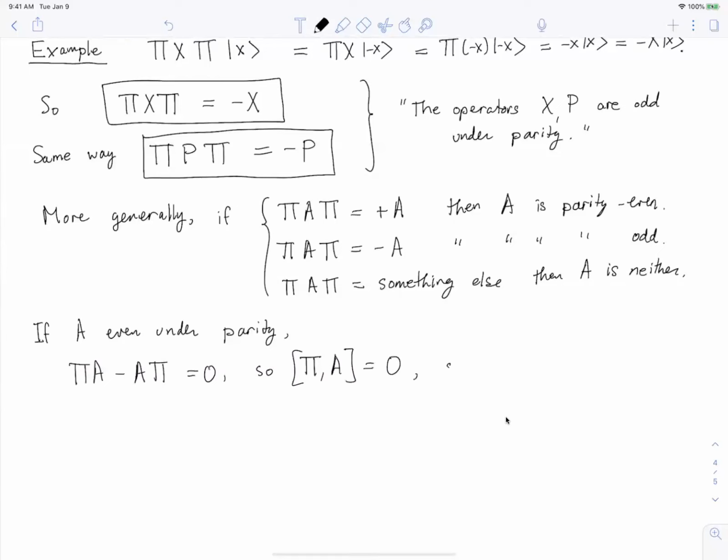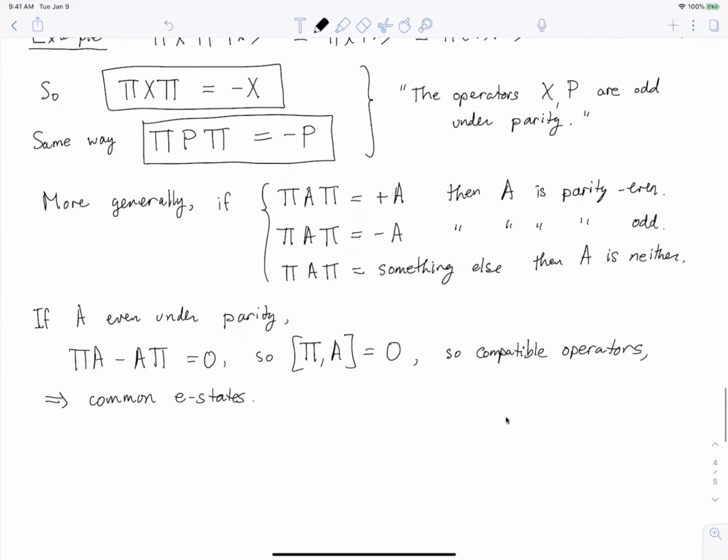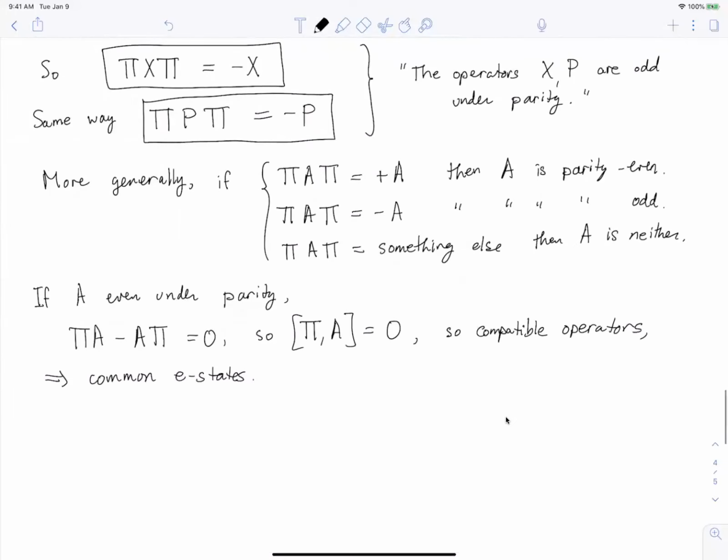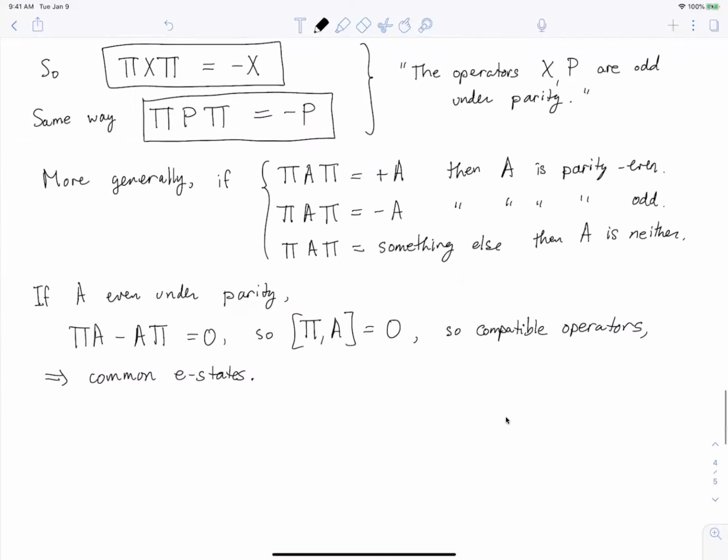And so they are compatible operators. And so that means they have common eigenstates.